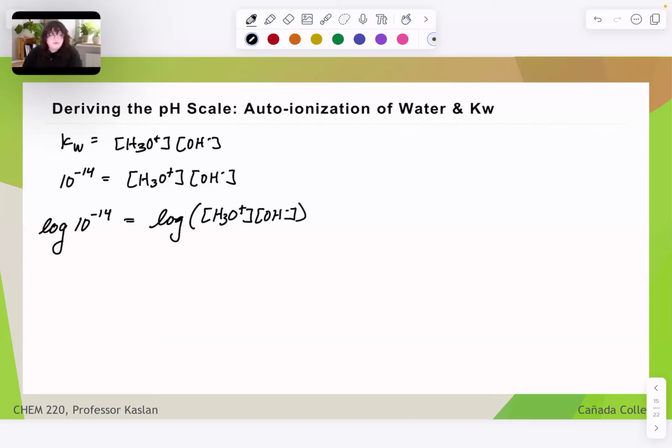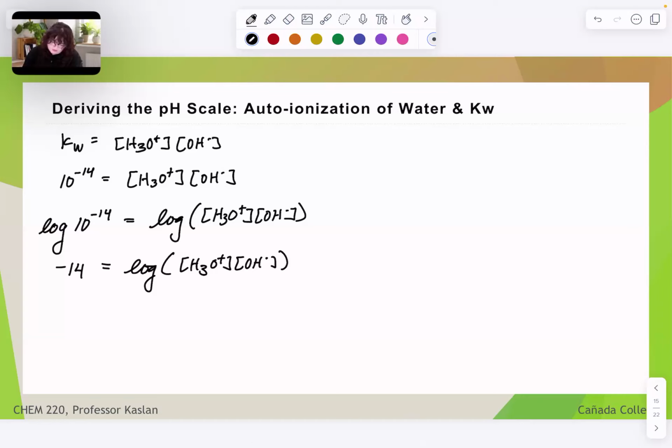I would have the following, and that's algebraically legal because I did it to both sides. And remember, logs base 10 and exponents of base 10 are inverses of one another. So I've now got negative 14 is equal to the log of the product of hydronium concentration and hydroxide concentration.